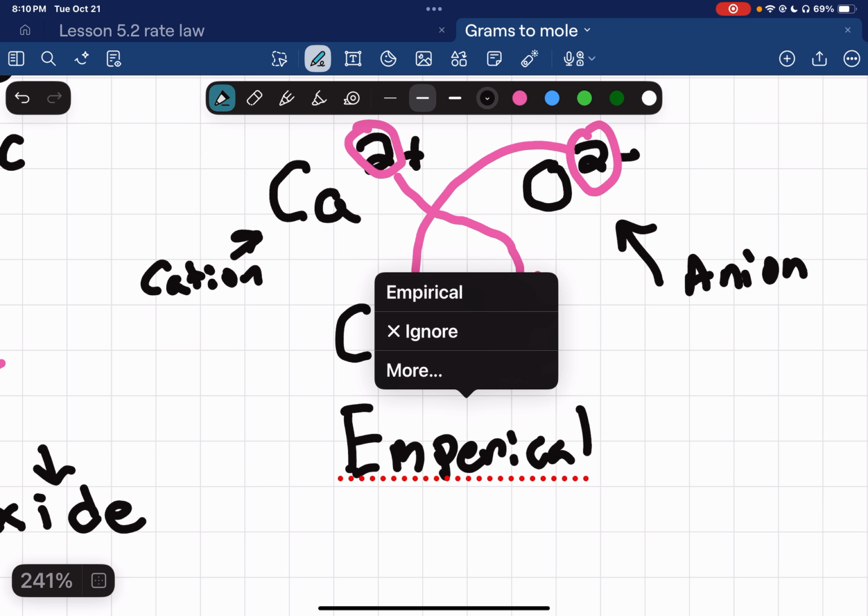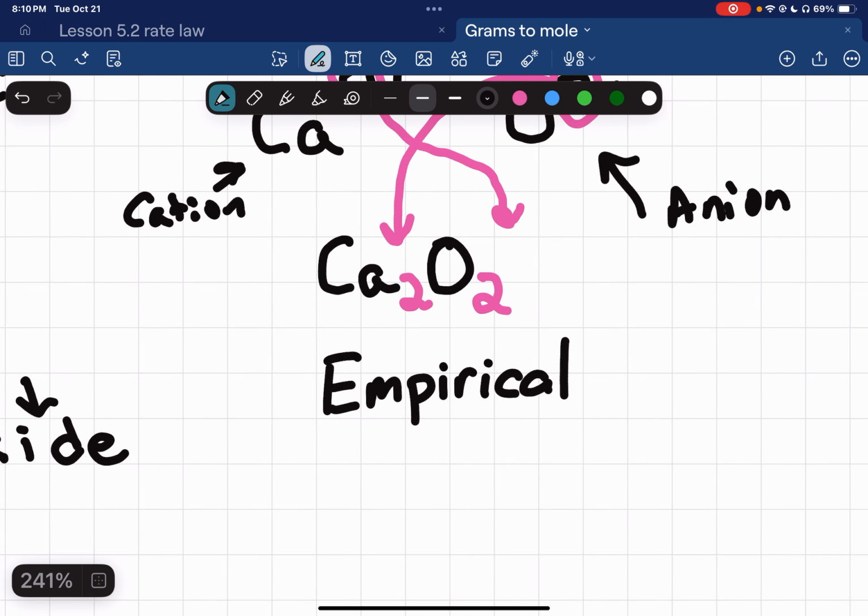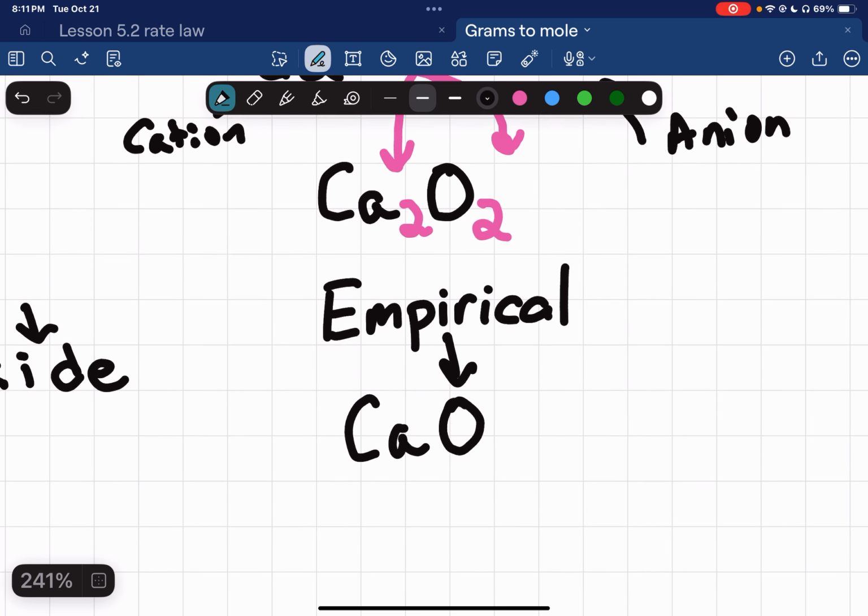So, I misspelled that too. So, what that means is that it can't be 2 to 2 because in reality, 2 to 2 is the same thing as saying 1 to 1. So, we can't write it as Ca2O2. Instead, we write it in its empirical form with its lowest ratio. So, we write it as CaO, right?